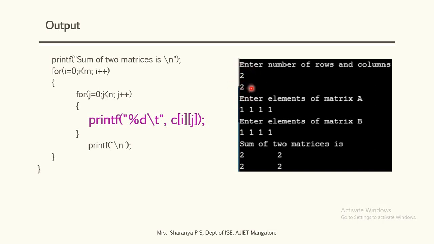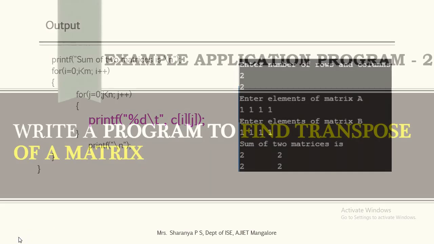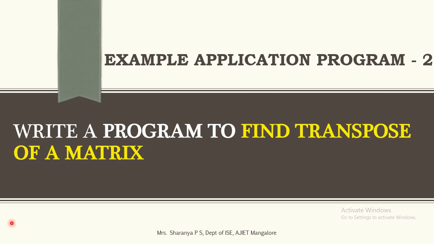It is taken from the user, and it asks the user to enter the elements of matrix A and B, and then it computes the sum, which is a resultant matrix, that is nothing but C of ij, that is C of 2 cross 2, and it will be printed as output. This is how we can perform the addition of two matrices.